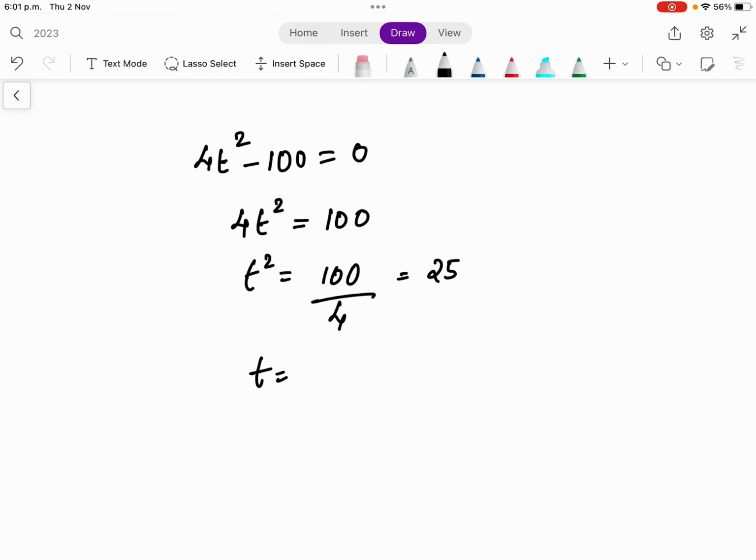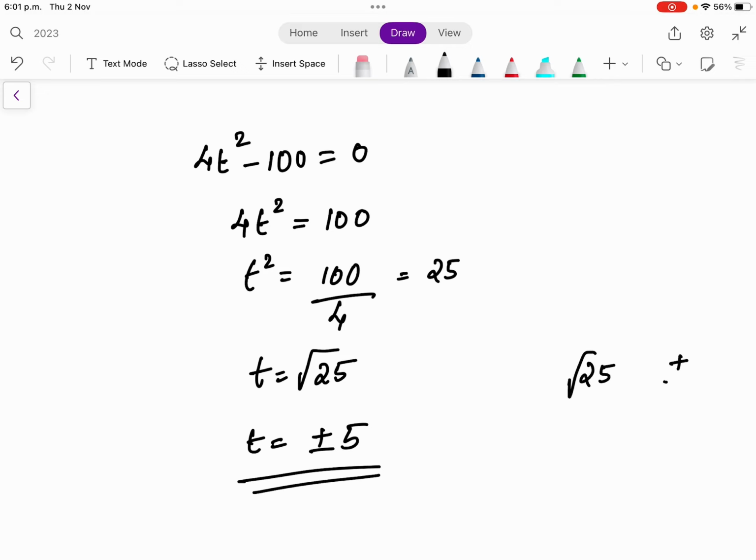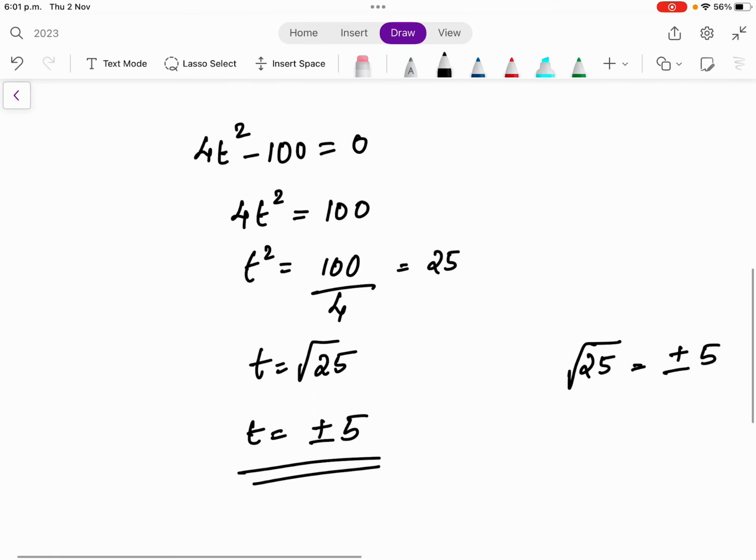And then t is equal to square root of 25. One thing you have to remember here is that t is equal to plus or minus 5. So root 25 will have two roots, plus or minus 5. This is one thing you have to remember when it comes to the Leaving Cert context.